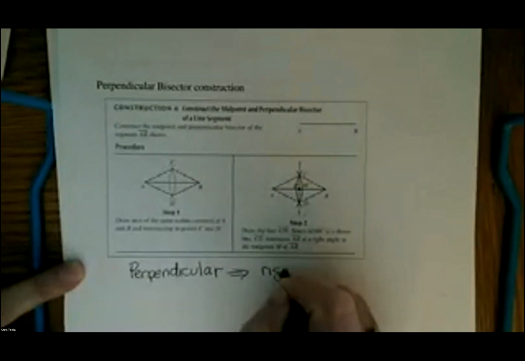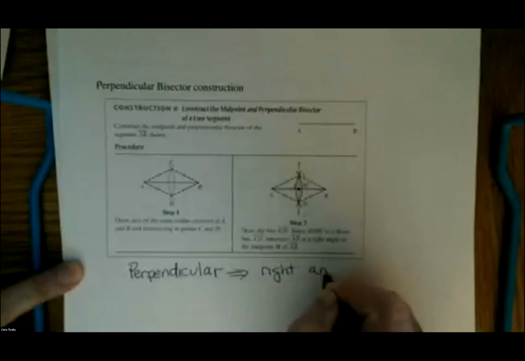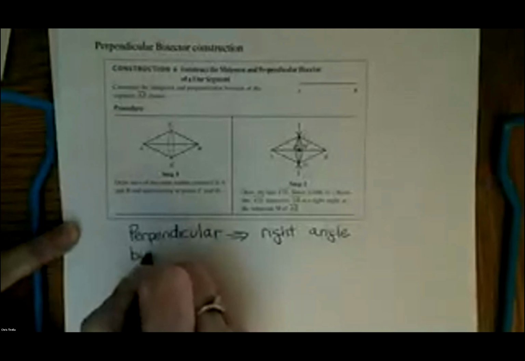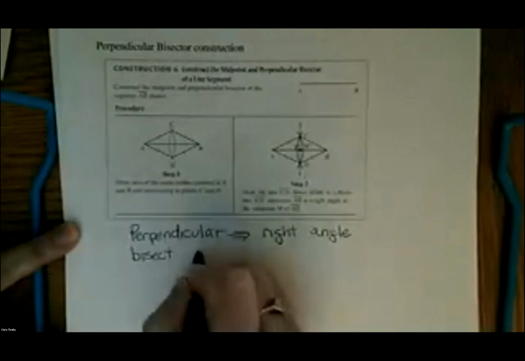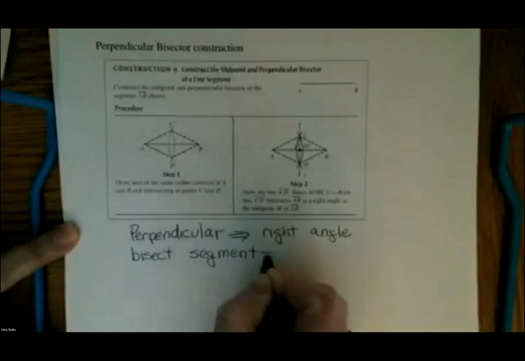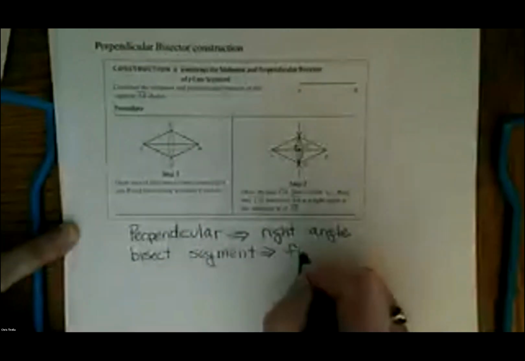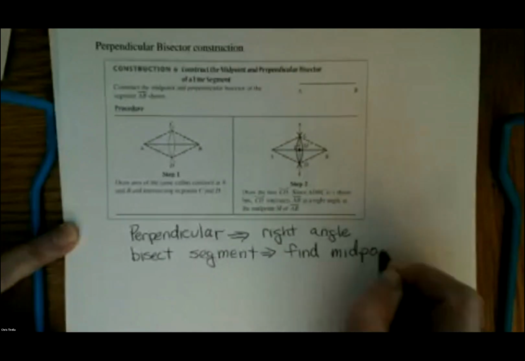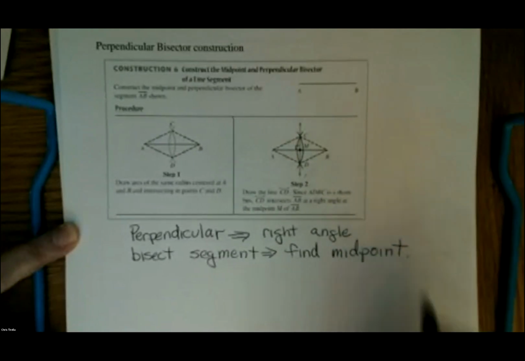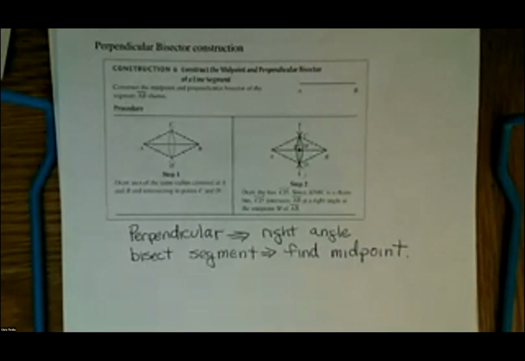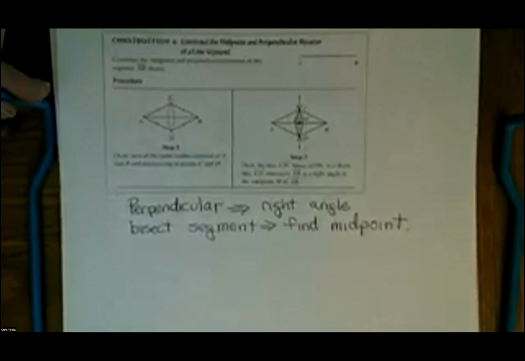it means we can use it to make a right angle. And since it bisects a segment, it's what we're going to use to find a midpoint of a segment. And so this one kind of does a lot of things for us.